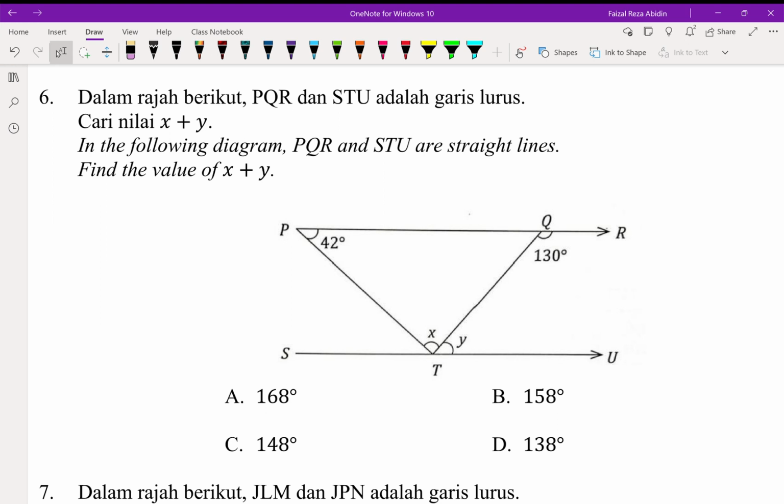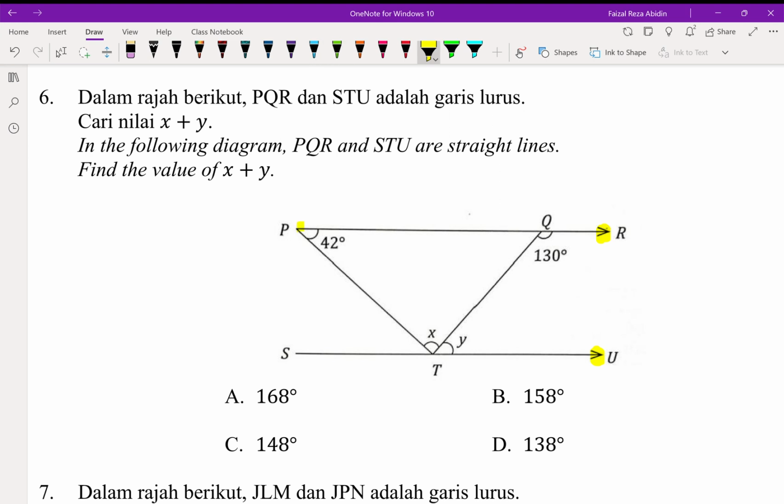In the following diagram, PQR and STU are straight lines. Find the value of x plus y. If you look over there, what did you have over here? It's parallel. If I want to take y there, what must I do here?